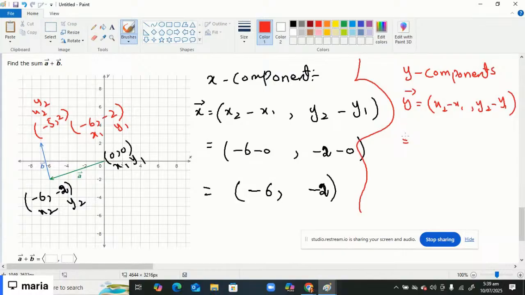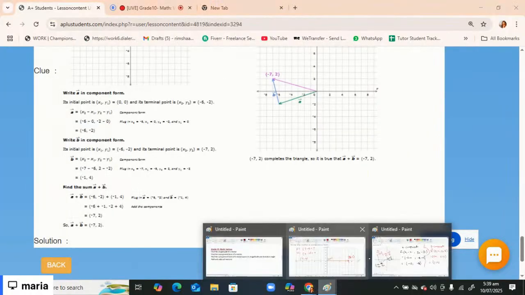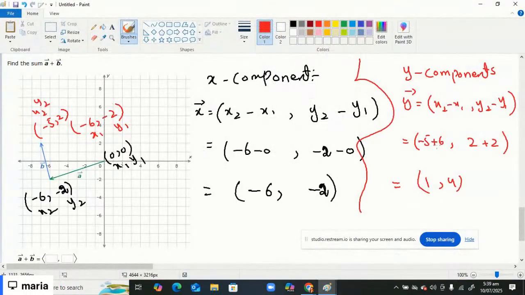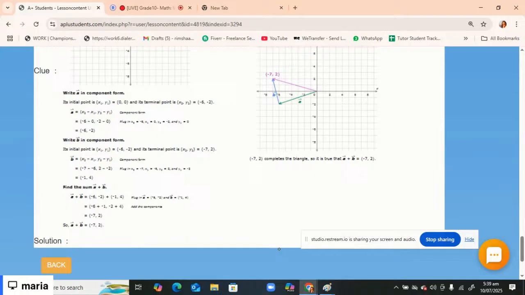So your x2 is minus 5 plus 6, 2 plus 2, that is 1 and 4. Now check, is the answer the same? 1 and 4, or is there a negative sign?